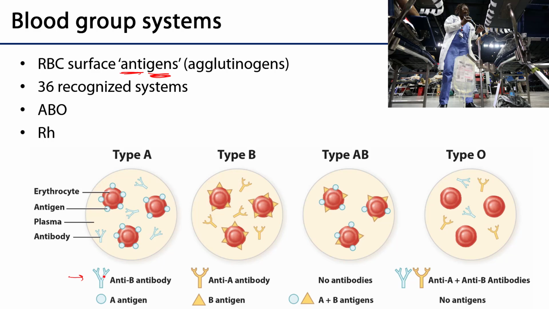The base of the Y is the more constant portion of this molecule, whereas the distal arms of the Y are known as the antibody binding locations. So we refer to these as paratopes, which are antigen binding sites.